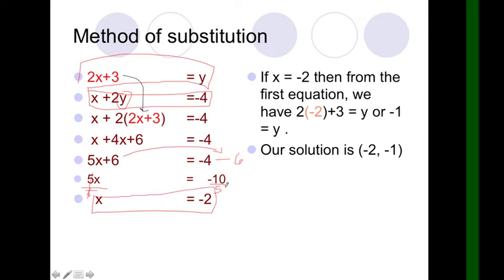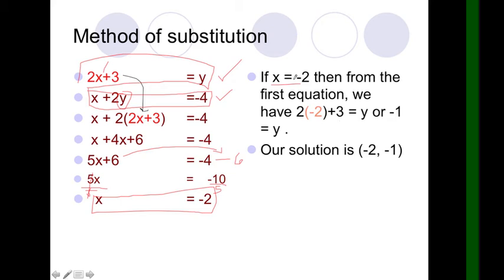x equals negative 2. If x is equal to negative 2, then you can use either equation. Using this equation, we have 2 times negative 2 as the value of x, plus 3 equals y, or 2 times negative 2 is negative 4, plus 3 is negative 1.